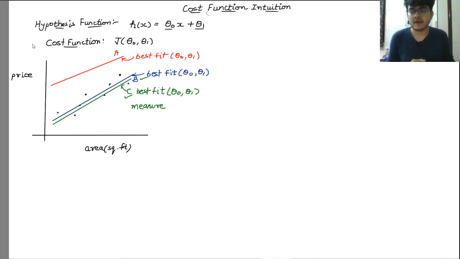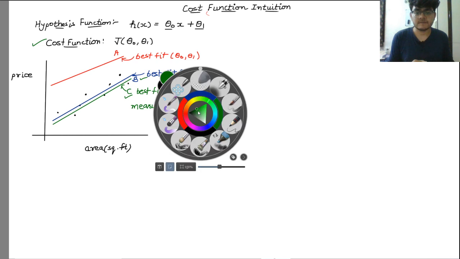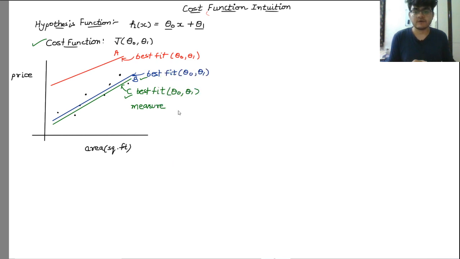And that is why we have introduced the cost function. When you have picked a value of theta 0 and theta 1, like we have done in these three cases, this function will output a cost in each of these cases. Now we can use this cost to compare all of these cases.